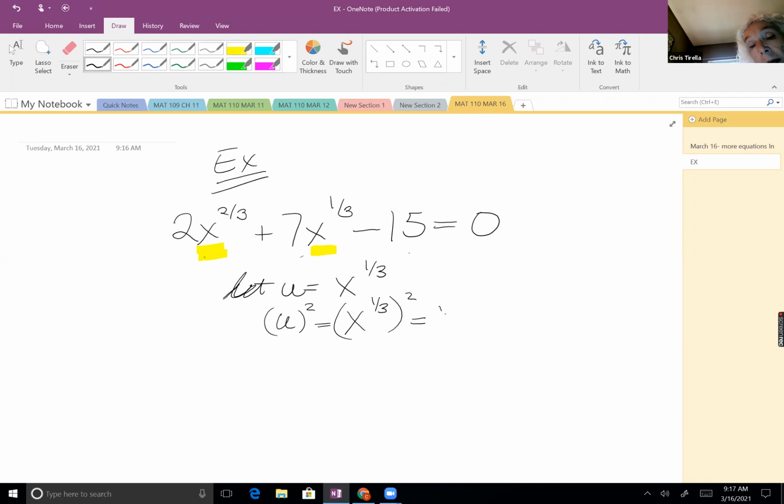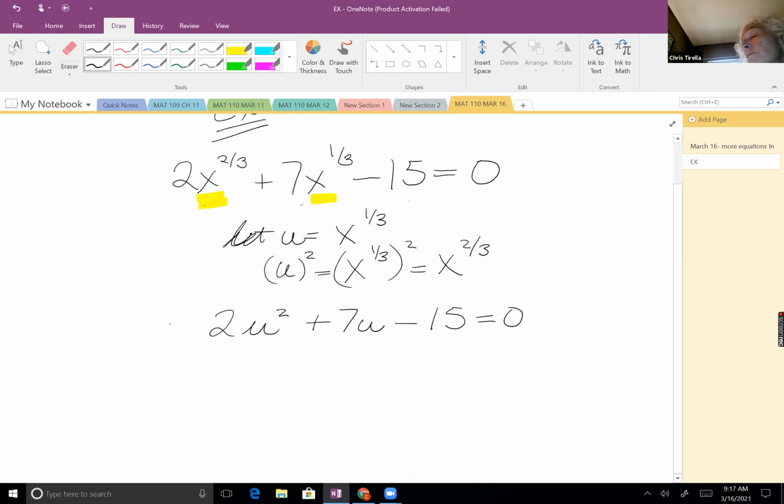And multiplying the exponents, that would give me that x to the 2/3. And so when I substitute, this becomes 2u squared plus 7u minus 15 equals 0. And by using that substitution, doesn't that equation look much easier to solve than the original?